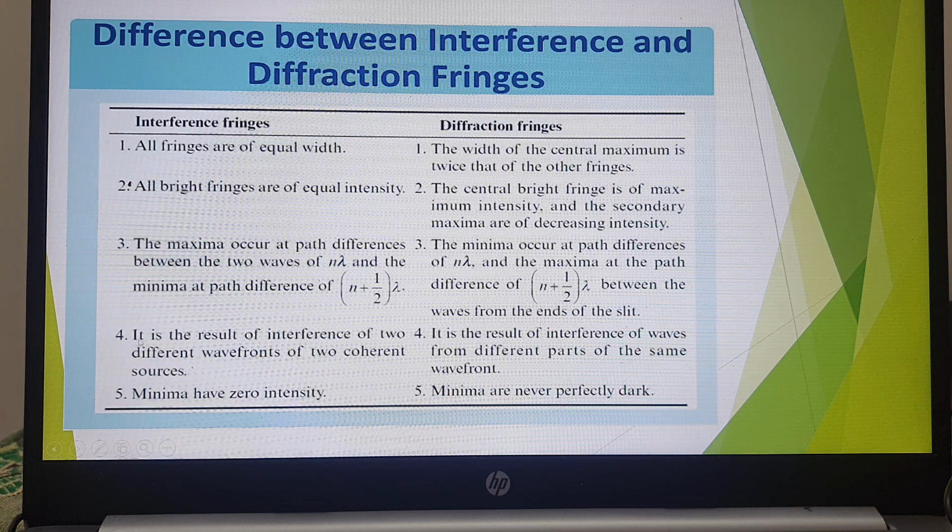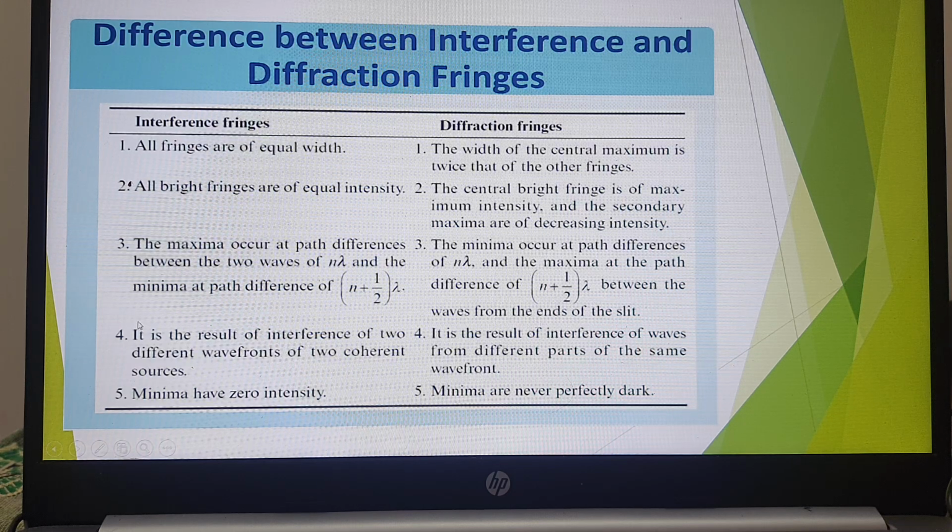And coming to interference fringes, it is the resultant of interference of two different wavefronts of two coherent sources. The definition of interference phenomena: two coherent waves superimposing, traveling with the same wavelength and same frequency, is known as interference.